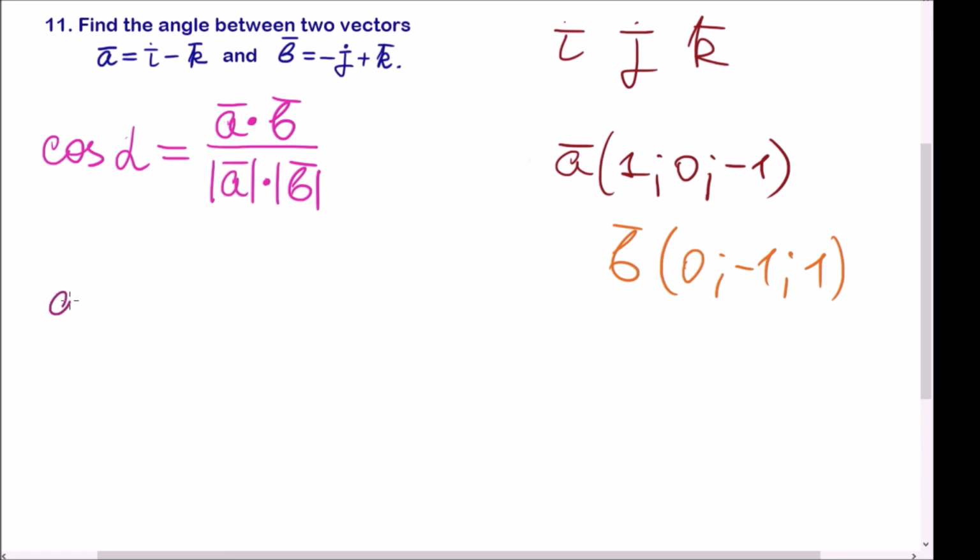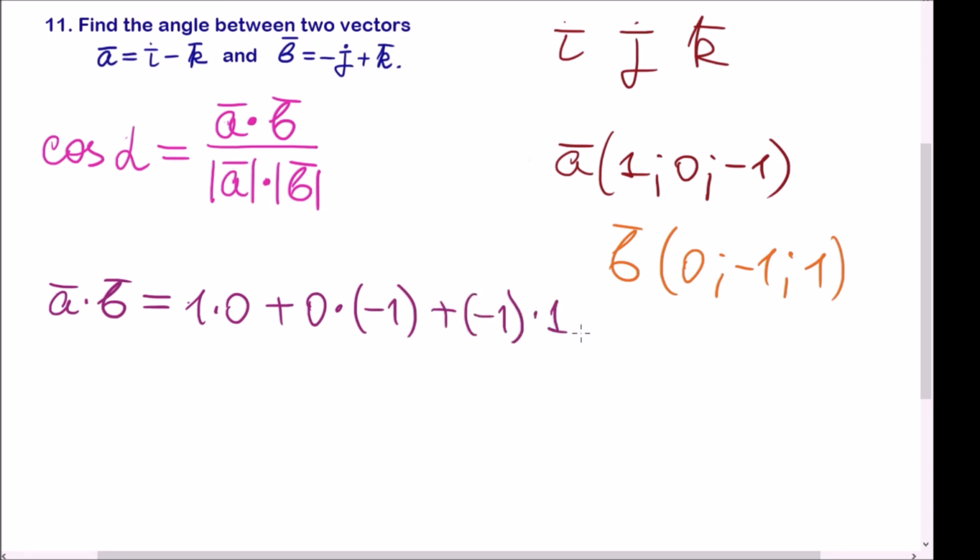The dot product of the vectors a and b is the sum of products of their corresponding coordinates. The first coordinates, 1 multiplied by 0, plus the second coordinates, 0 multiplied by minus 1, and plus the third coordinates, minus 1 multiplied by 1. So we have 0 plus 0 minus 1.